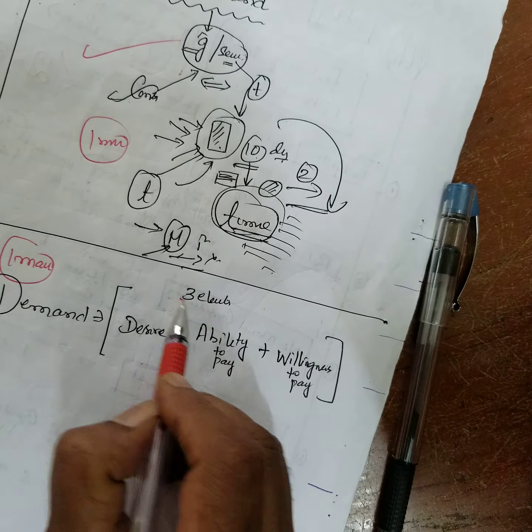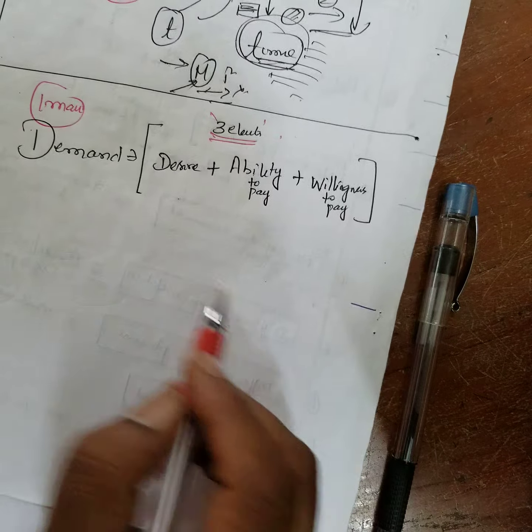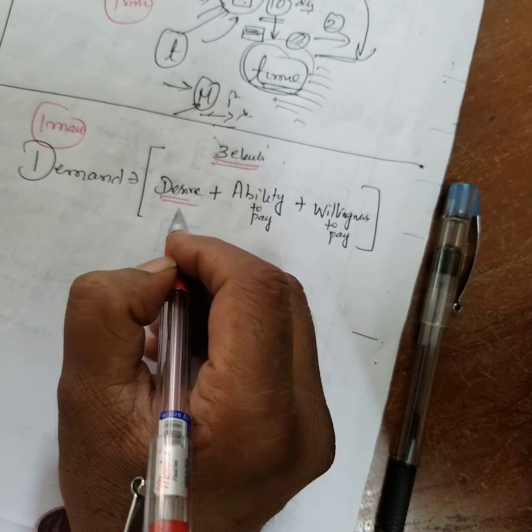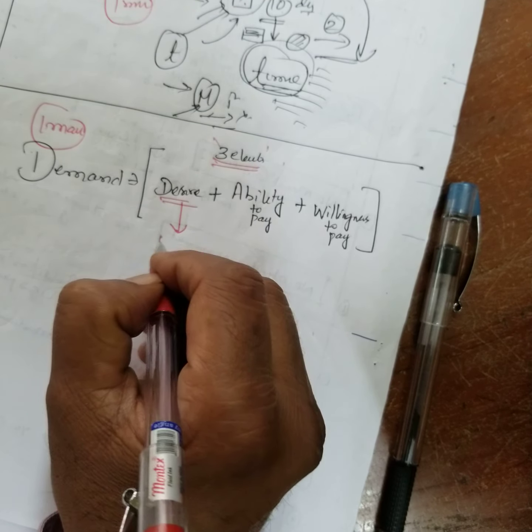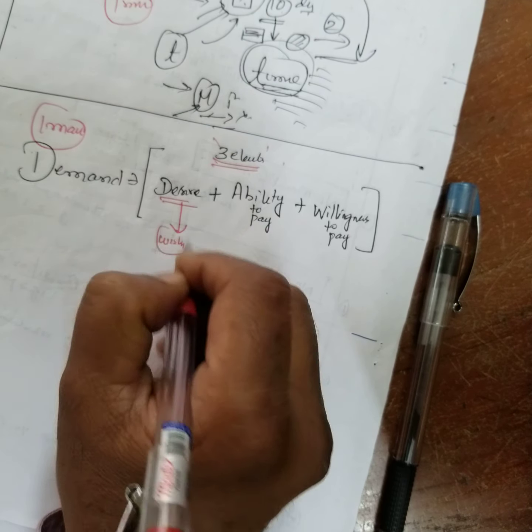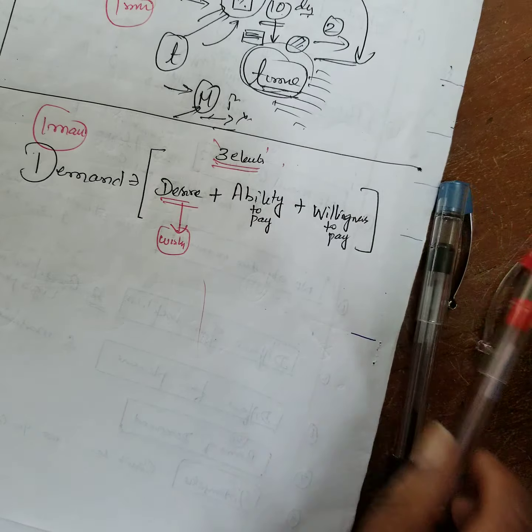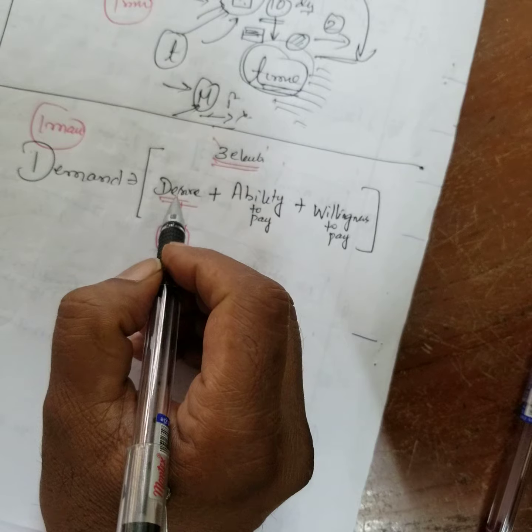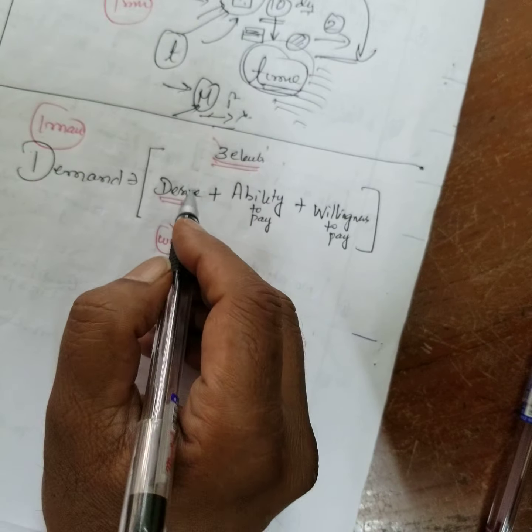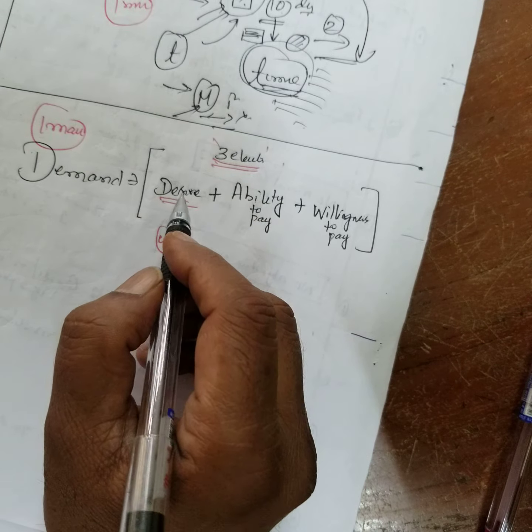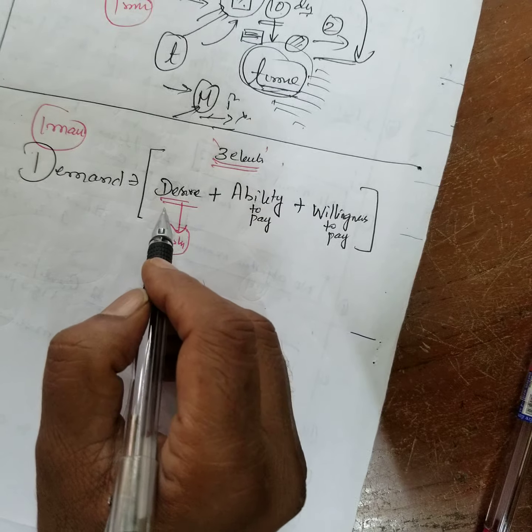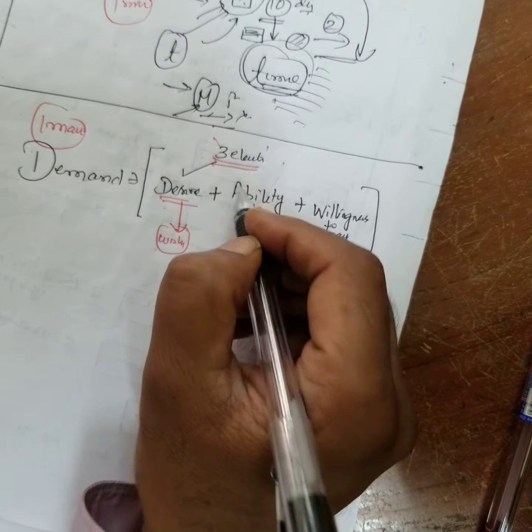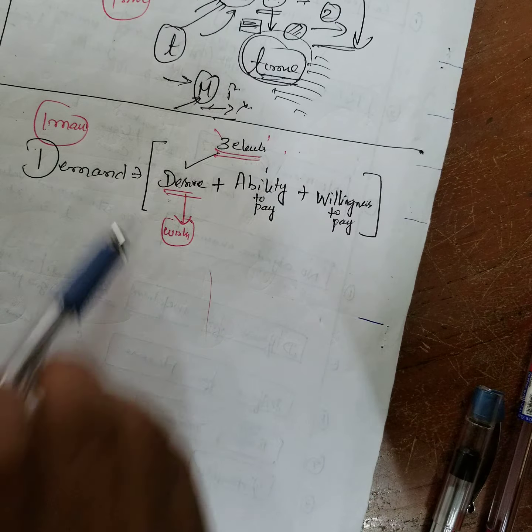What are the 3 elements of demand they'll ask you? The 3 elements of demand are what? Desire. That means you wish to buy the product. See, I wish to buy a big car, but I don't have the money, right? That is not a matter. Wishing is different, but you must have the ability. Then again, desire, next ability to buy.